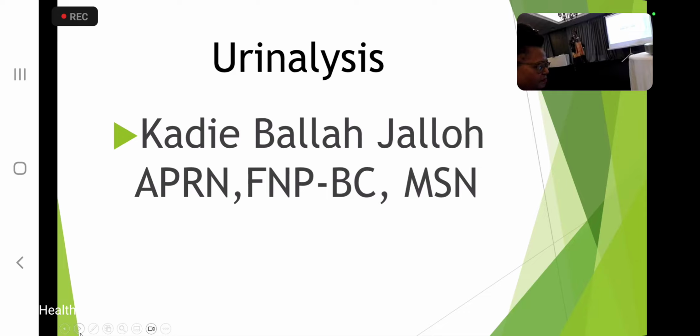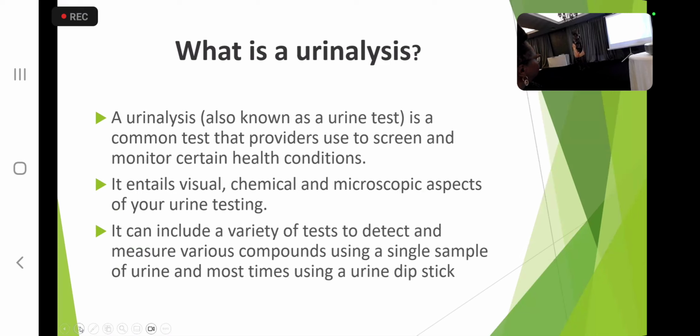Urinalysis and how it will save our lives and help with the treatment for many diseases. Next slide. What is urinalysis? Urinalysis, also known as a urine test, is a common test that providers use to screen and monitor certain health conditions.